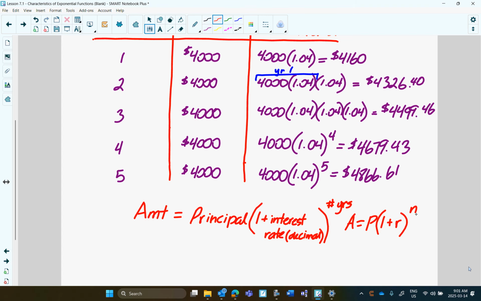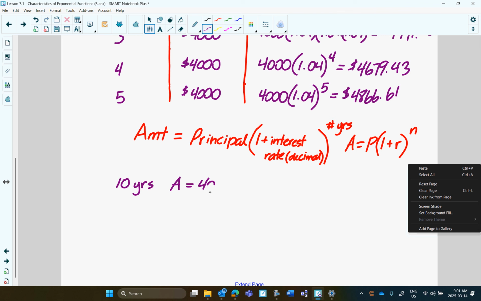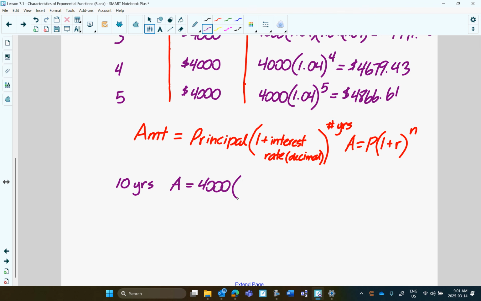So for example, to finish this one up, let's say we left it for 10 years. How would we figure out 10 years? Well, the amount would be the $4,000, the principal, times 1 plus 0.04 raised to the 10. Can somebody do that?